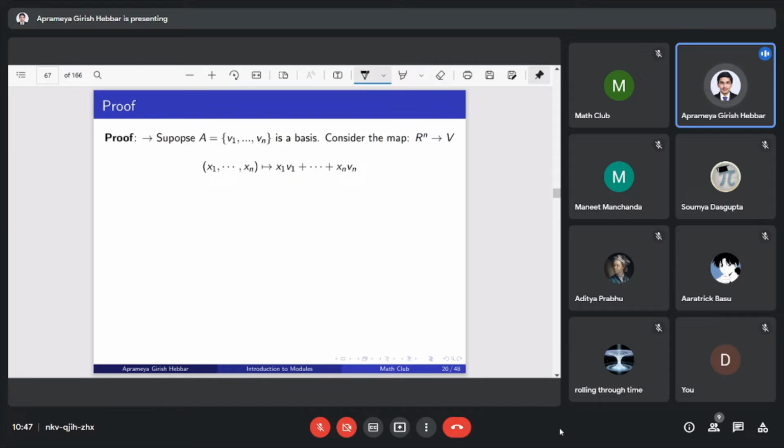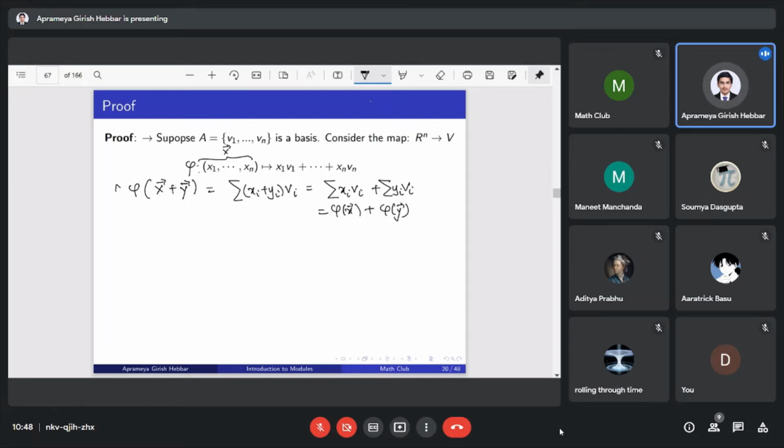First of all, it's a homomorphism. Why? If I denote this map by phi, and denote the whole tuple by the vector x, then phi of x plus y is equal to the sum of (xi plus yi) vi, and due to the module axioms, xi vi plus yi vi, and this is phi of x plus phi of y.